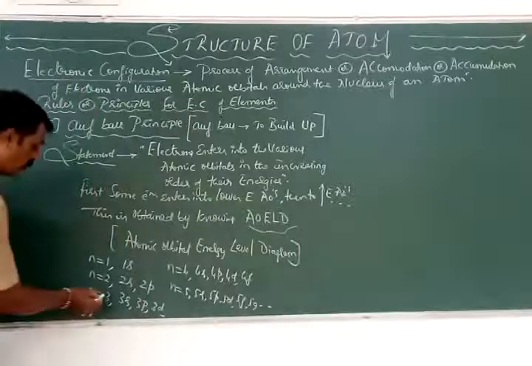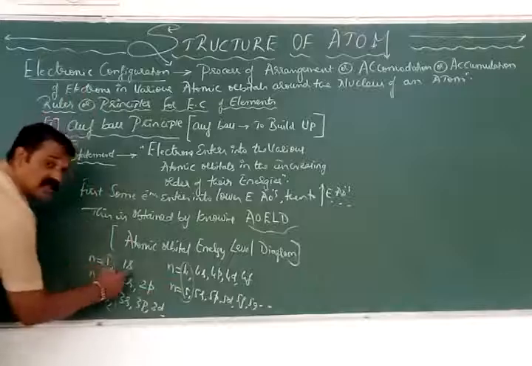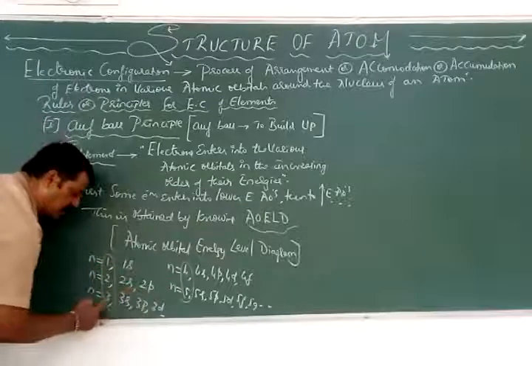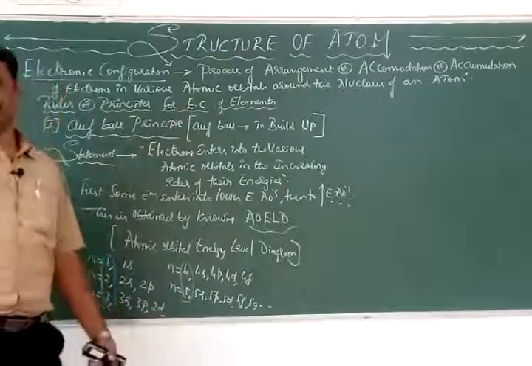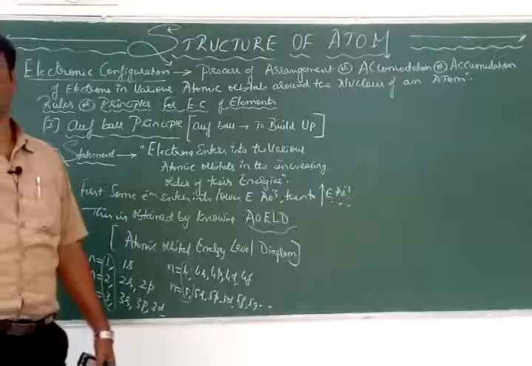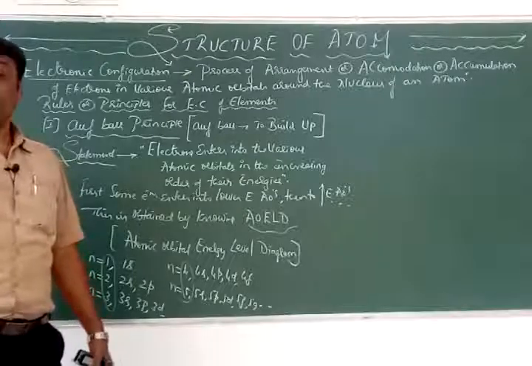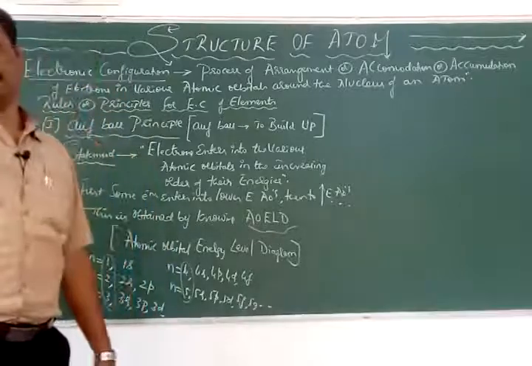Electrons. So here 1 means 1 subshell, 2 means 2 subshells, 3 means 3 subshells, 4 means 4 subshells, 5 means 5 subshells. That is the general concept with respect to the value of n. n is called the principal quantum number, or indirectly it is called the orbit number.